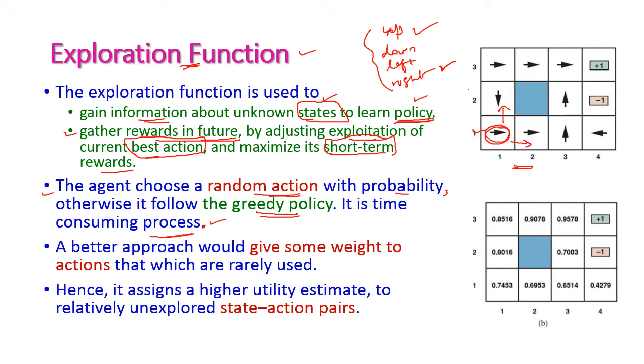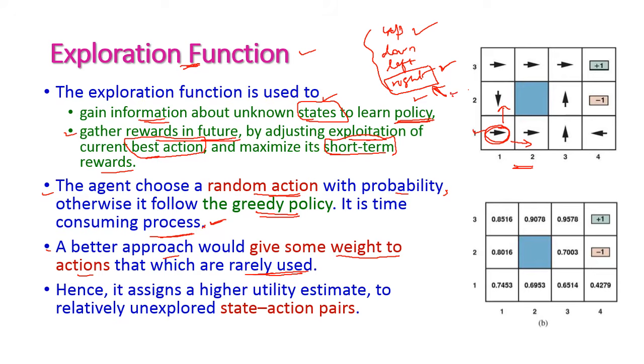Hence a better approach would give some weight to the actions which are rarely used. For example, move right may be rarely used, but sometimes it may give a better option or more reward for this agent.